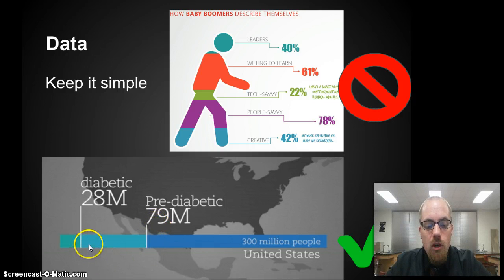So it gives a visualization of, well, that's about a third of the population. That sinks in a little because you see how much the 28 million is compared to 300 million people. If you just gave those numbers with no visualization, it can be tough to let that sink in.